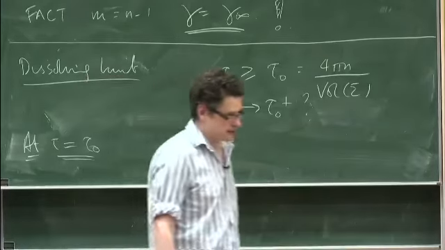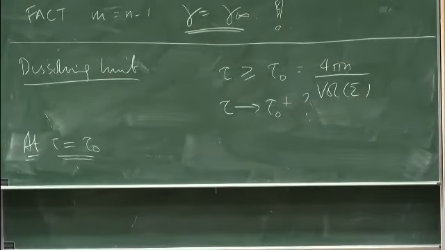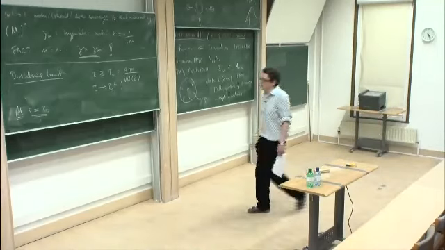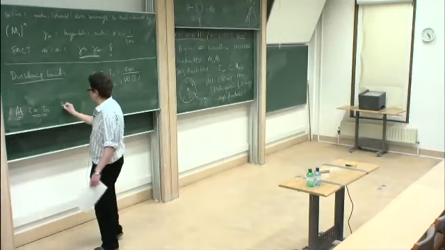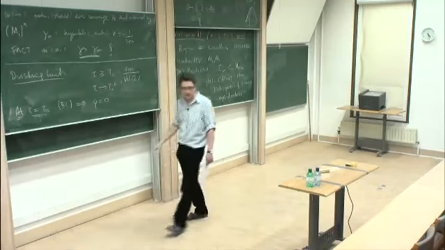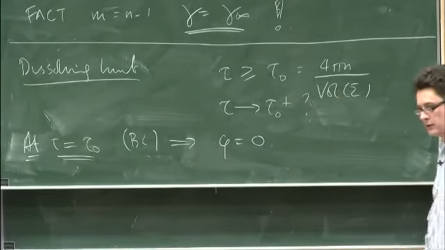Well, one thing we can certainly say something very concrete about is the dissolved limit. At tau equals tau 0, from the second Bogomolny equation, in order to attain the Bogomolny bound, the Higgs field has to be 0 everywhere.